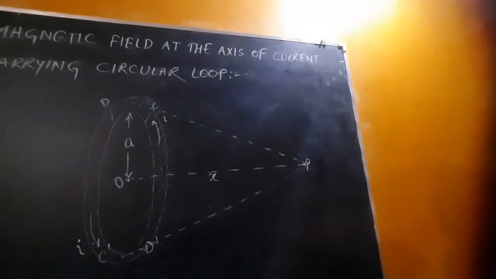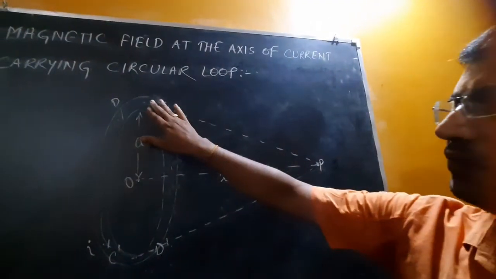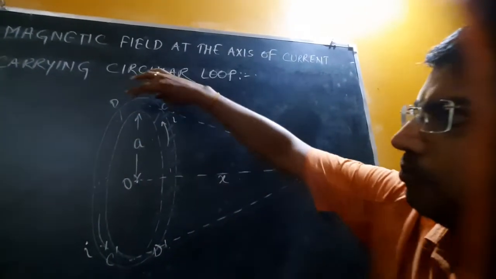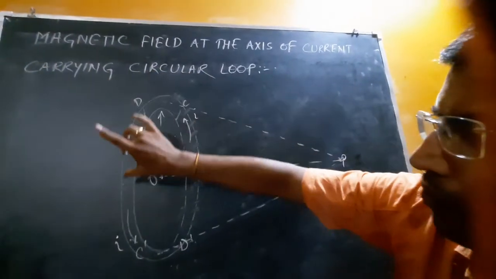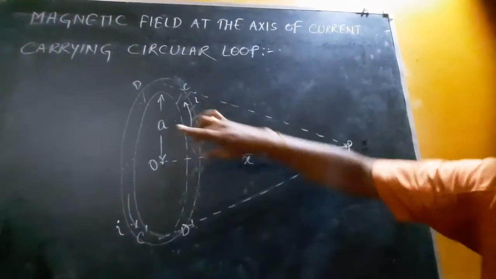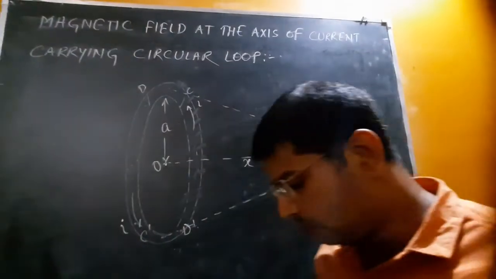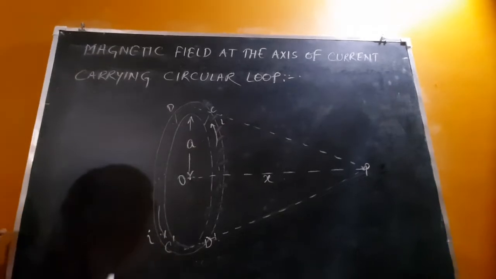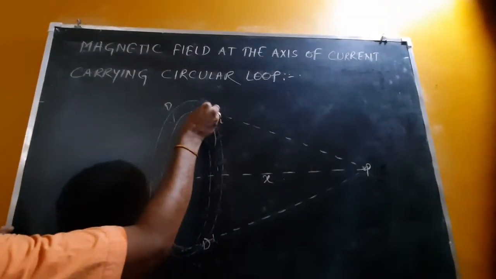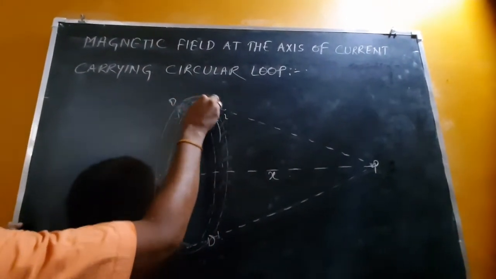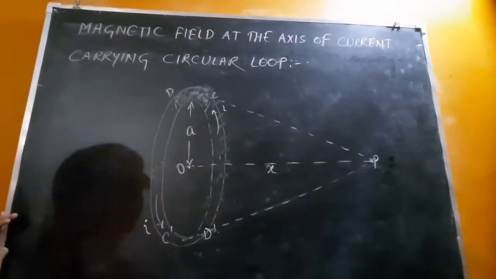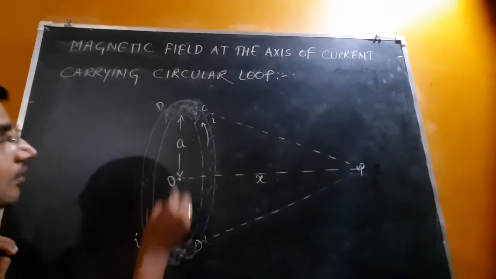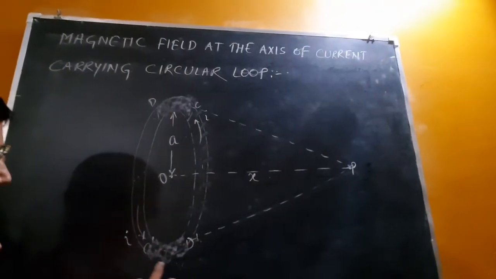This is the reason why we have to suppose that the whole current carrying circular loop is made up of so many small current elements, and using this concept we can find the magnetic field. So in this figure I have assumed two such vertically opposite small current elements CD and C dash D dash.